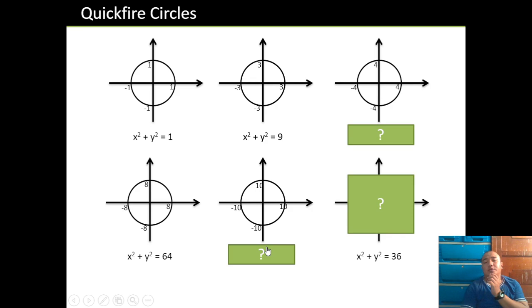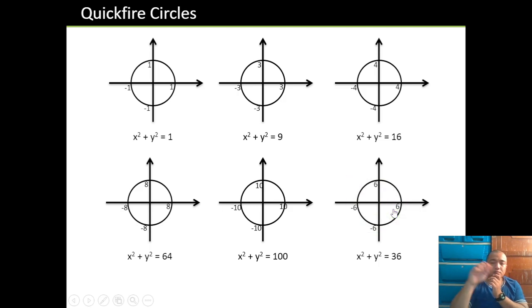How about this one? Center at the origin, radius 10, x squared plus y squared equals 100. How about this equation? Radius 4, center at the origin, x squared plus y squared equals 16. How about this? What's the center? 0, 0, the origin, radius 6 in the graph.